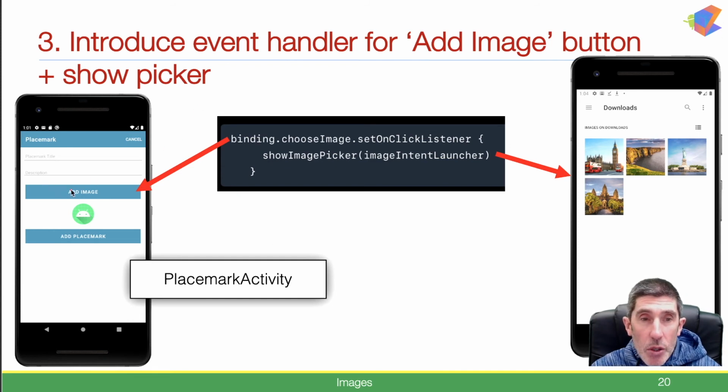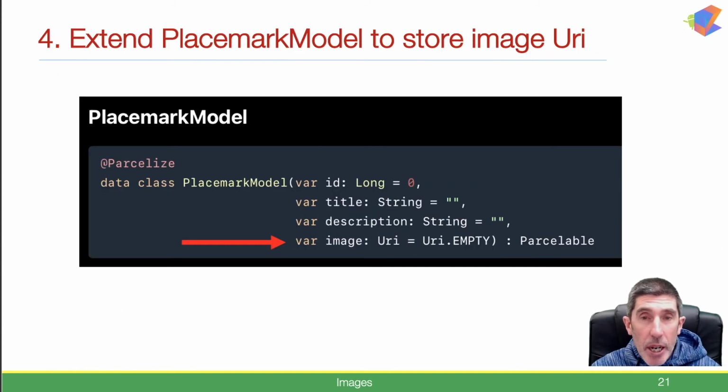So what we get is the user clicks on the add image, it displays, we're showing the image picker, displays the UI picker, passing in that intent launcher, so that we know that when we finish and return back here, we can update that image view with the image itself based on its URI that we have retrieved from that result object, the data.data. If you can remember that, that's where it'll be stored. Okay. Some of the changes to the model that we made, as I've discussed already.